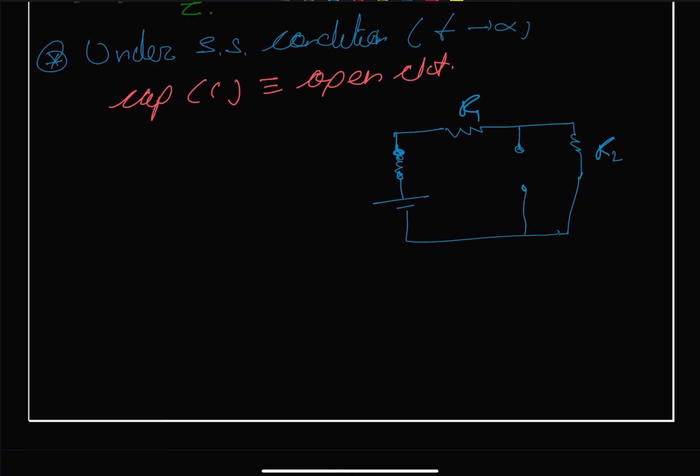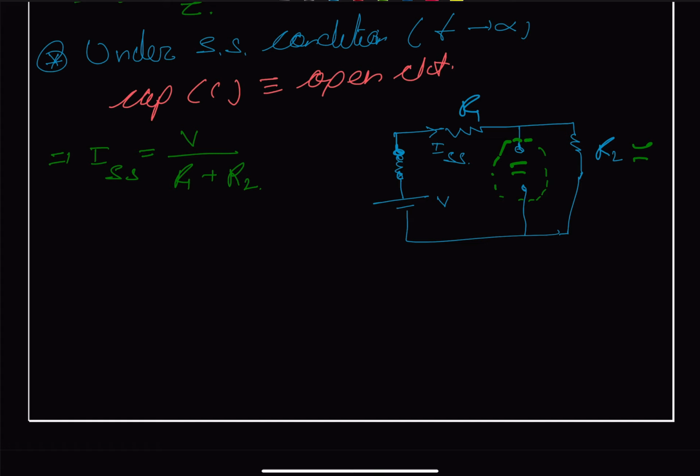From here we can find out the steady state current. Let us call this I steady state. This R1 and R2 are in series. Therefore we can write that our steady state current ISS will be equal to V divided by R1 plus R2. And we need to find the voltage across this capacitor, which is in parallel with R2. So the voltage drop across R2 will be the same as the voltage across the capacitor.